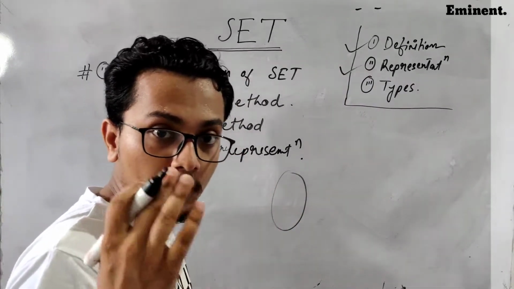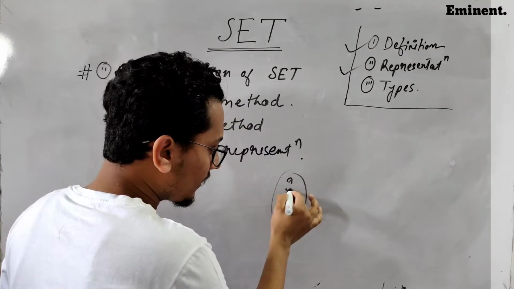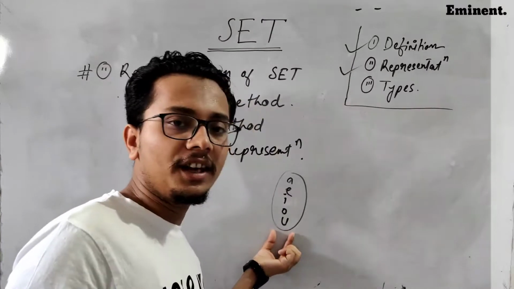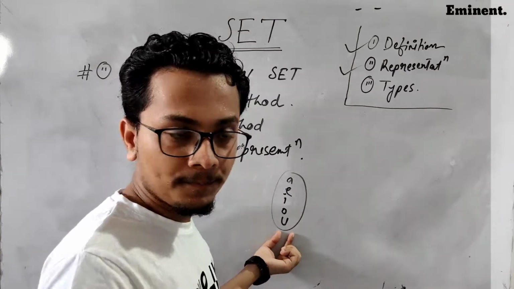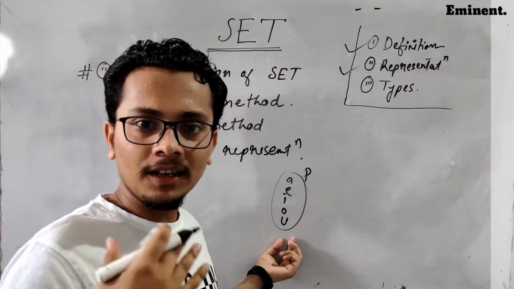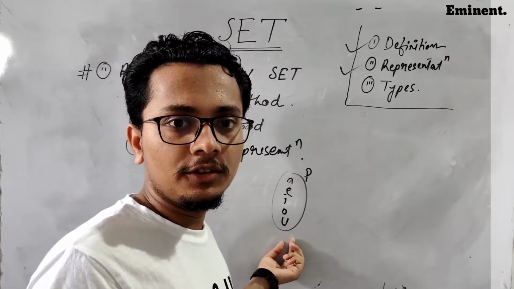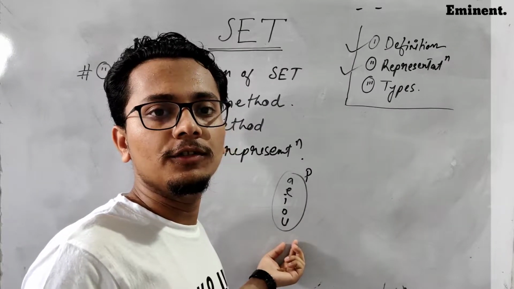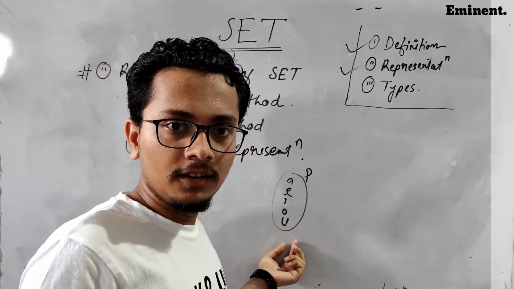That is the set of vowels A, E, I, O, U. Suppose the name of that set is P, then just write P here. Then it will be the visual representation of the set, the group of vowels of the English alphabet. Understood?